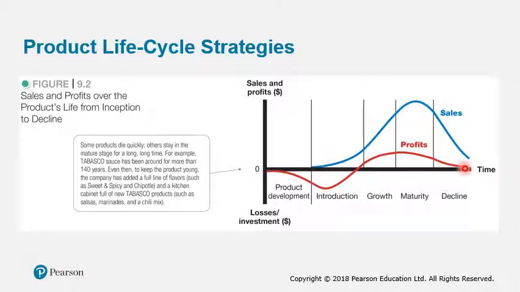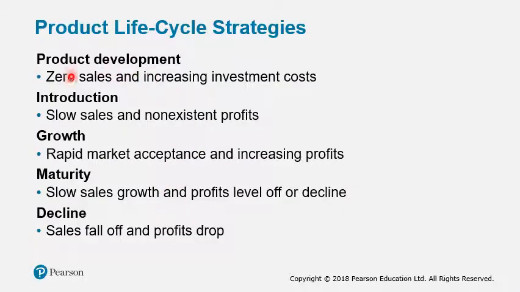In this product life cycle, you can see 2 curves. The first one is the sales curve and also the profit curve over a period of time. So in the product development stage, of course, you have no sales, because you're still producing the product.